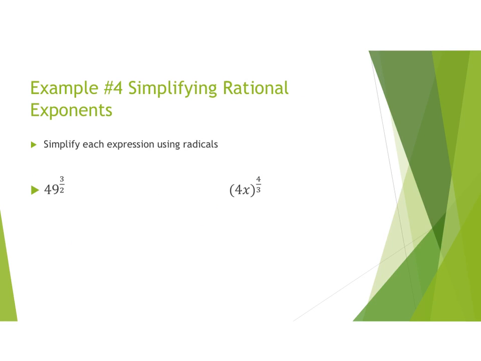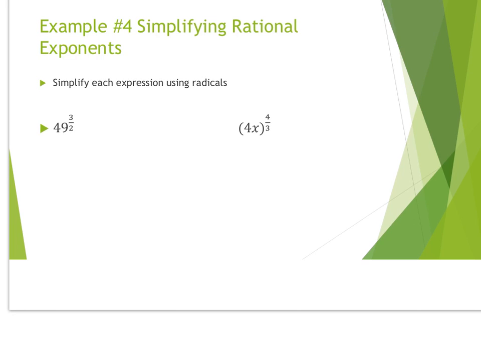Example 4, simplifying rational exponents. To be able to simplify a rational exponent, we can rewrite it as a radical and simplify the radical. Let's start with rewriting. 49 is the radicand with a power of 3 and a root of 2.